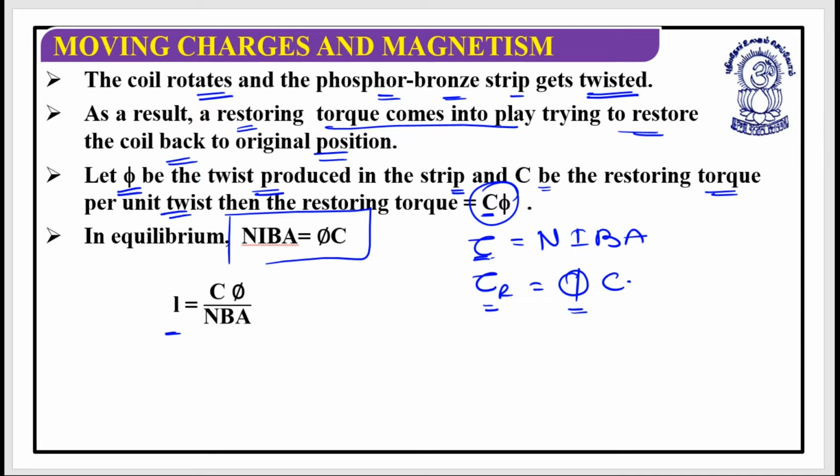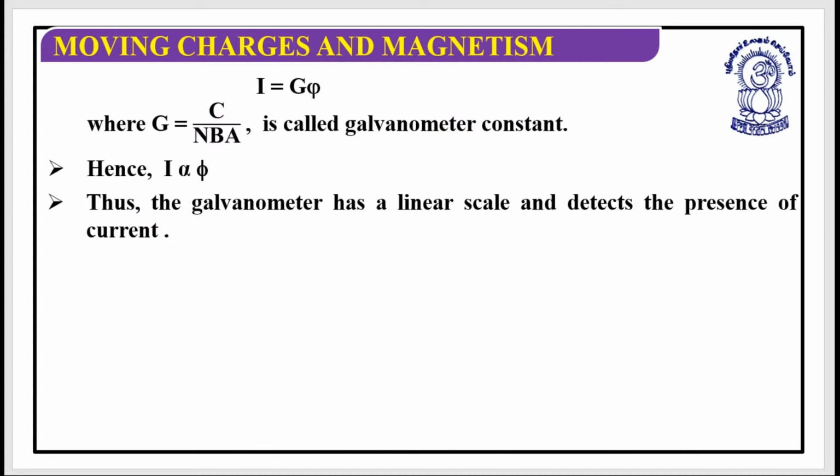I hope this is clear. Is it clear? So I can write I equals G into phi, where I have replaced C by NBA with G, and G is called the galvanometer constant.